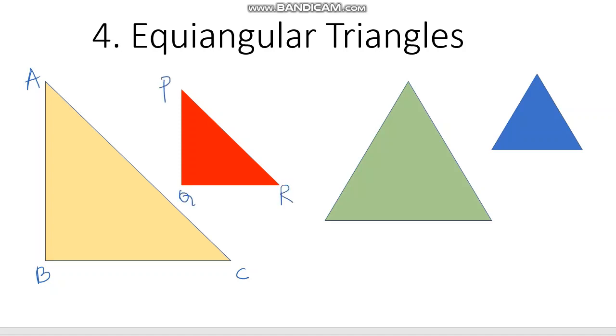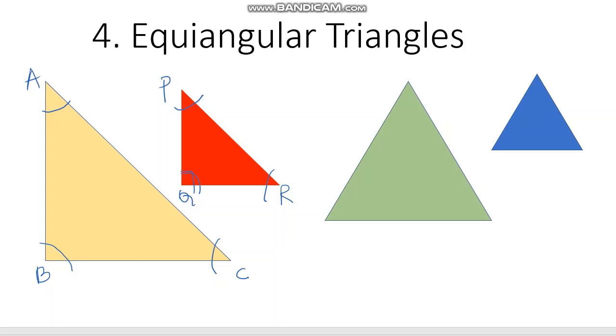Then children, you have to try to understand this, that angle A must be equal to angle P, angle B must be equal to angle Q, and angle C must be equal to angle R. Here I have taken both the triangles as right angle triangles.